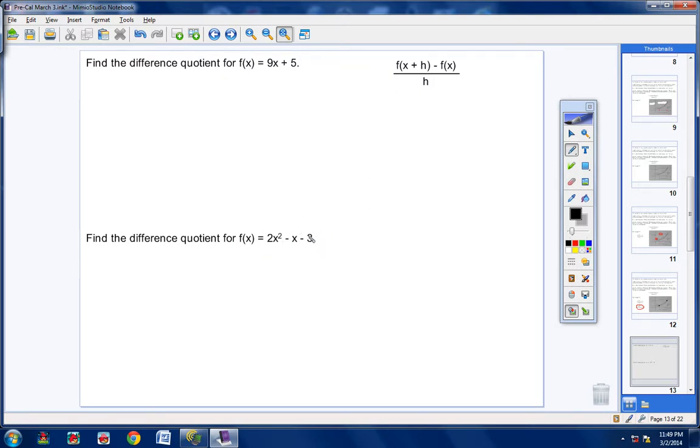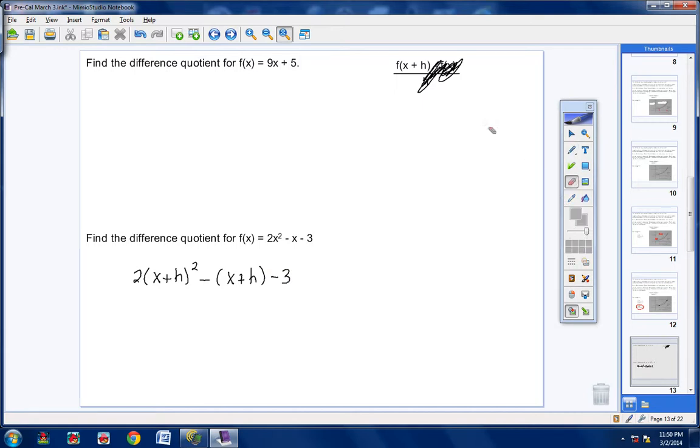Now using this function here, let's go ahead and find the difference quotient. Okay, well, first of all, remember, we cross all this off. Let's just do f of x plus h. That means everywhere there's an x in this expression, I'm going to put x plus h. So 2 parentheses x plus h squared minus parentheses x plus h for this x right here, and then minus 3.